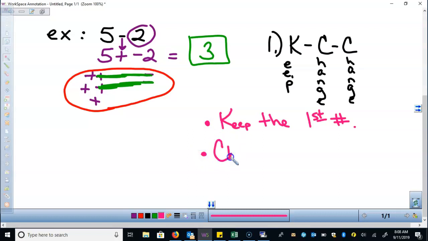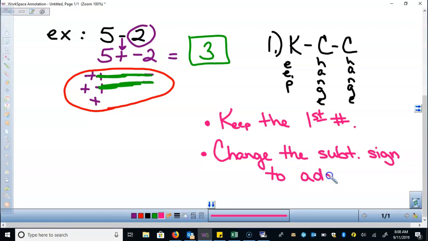We're going to change the subtraction sign to addition, or to adding, okay?